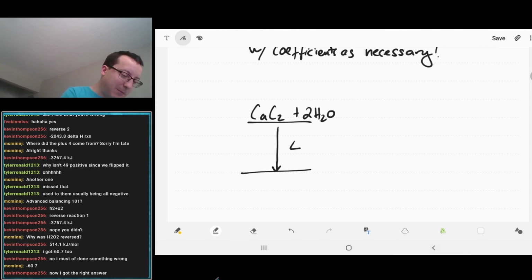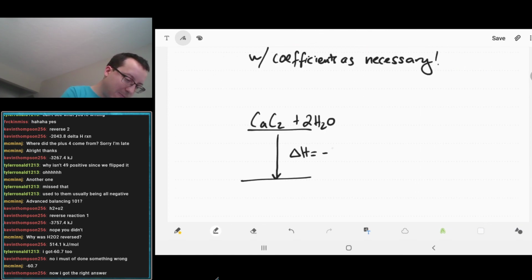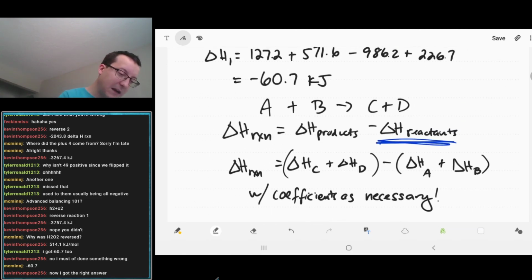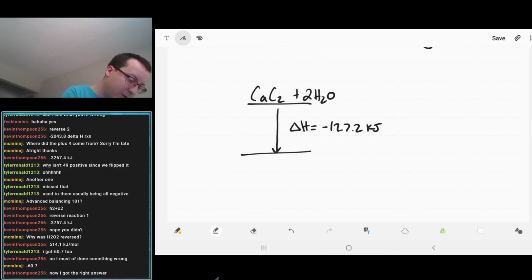We are experiencing a delta H reaction of negative 127.2 kilojoules. And that's turning into the products, right? Which were calcium hydroxide and water. Or CO, what was it, CO2? No, acetylene.